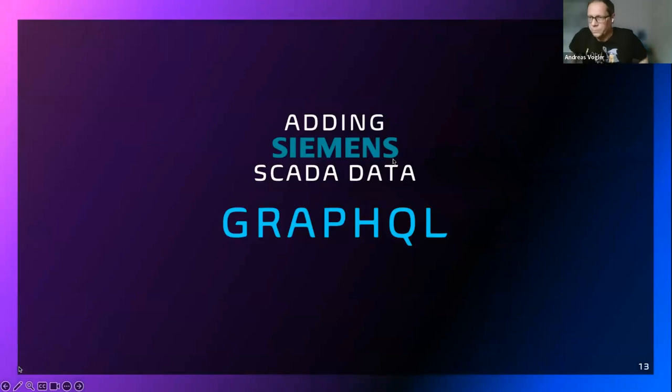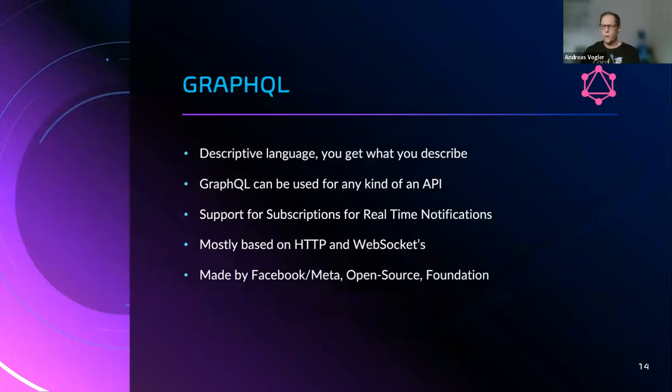And now let's come to adding Siemens SCADA data to a game, or maybe into a 3D program, Unity, based on GraphQL. So first I want to very roughly explain what GraphQL is. GraphQL is a descriptive language for any kind of APIs.